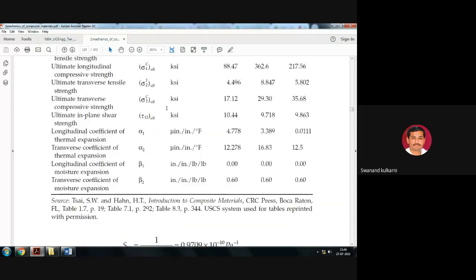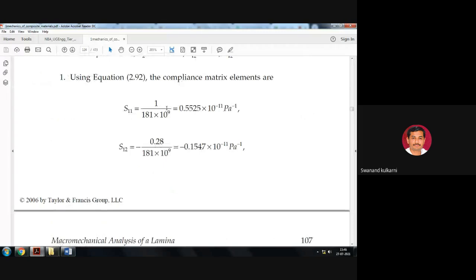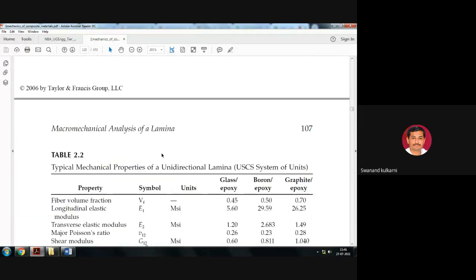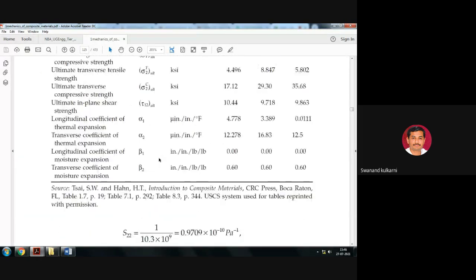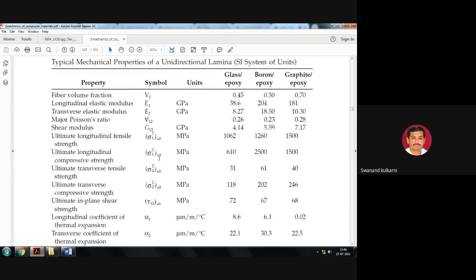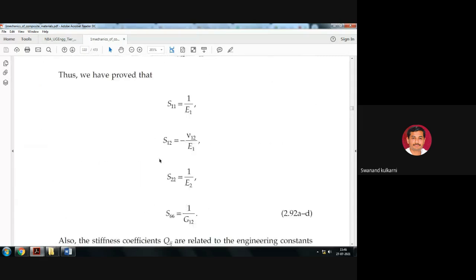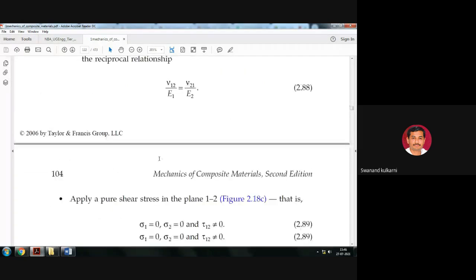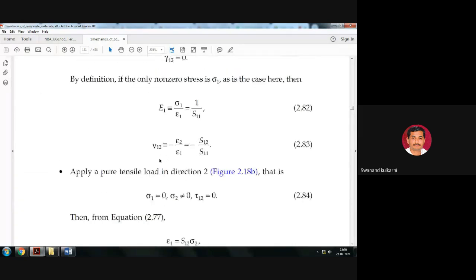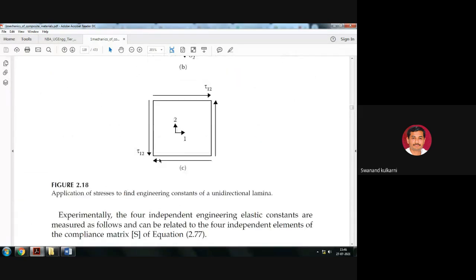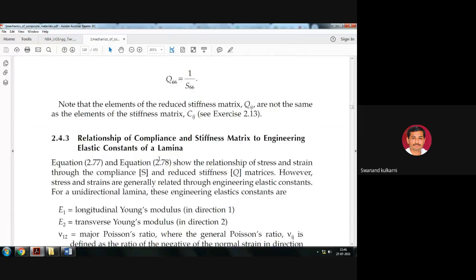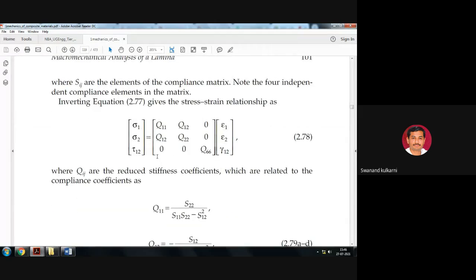How we have calculated the value of S11, S12, S13, S22, S66, that we know. And how this matrix in the form of these stresses has been expressed, that also we know. Is it okay? We have expressed this matrix earlier.